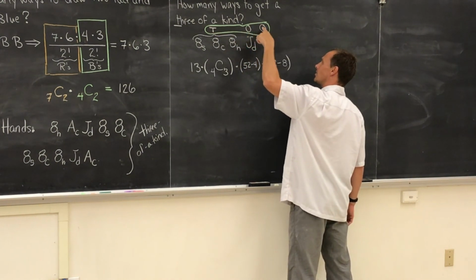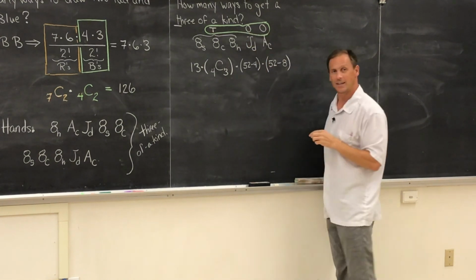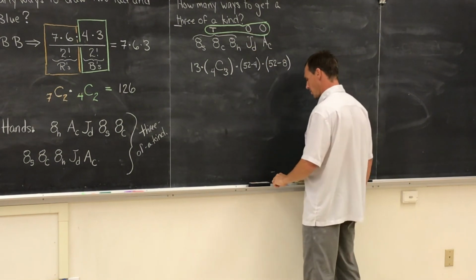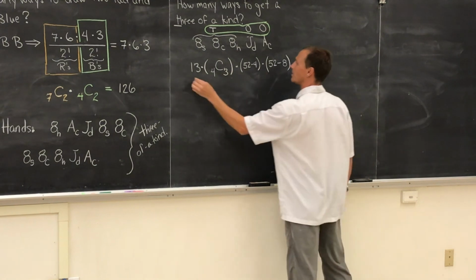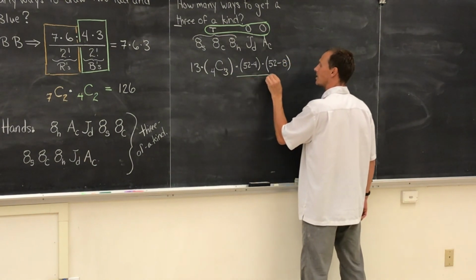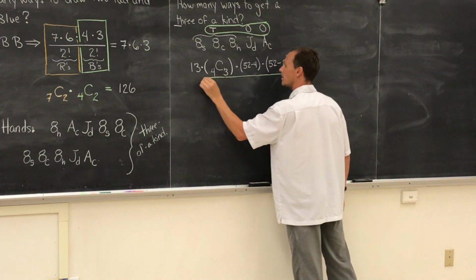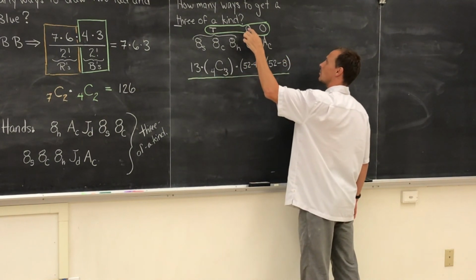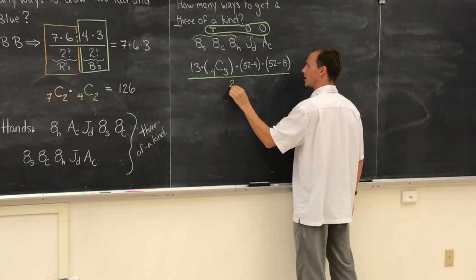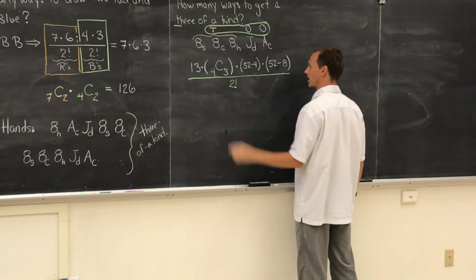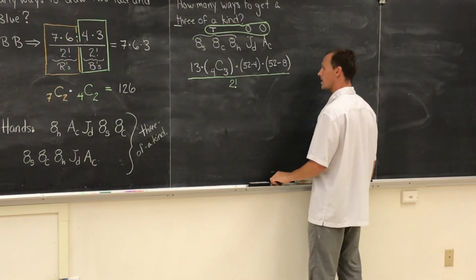The concern is that we have repeats of the O's. How do we treat the repeats? We treat the repeats by counting them, 1, 2. So we would divide all this by 2 factorial.